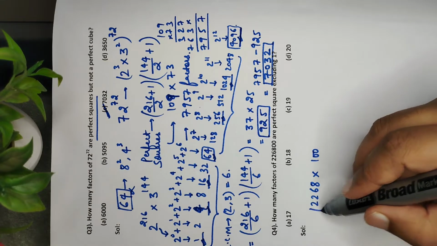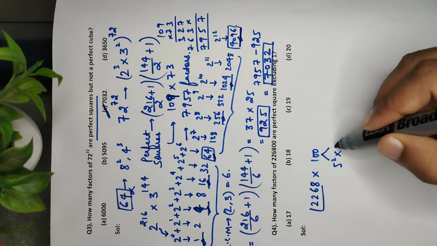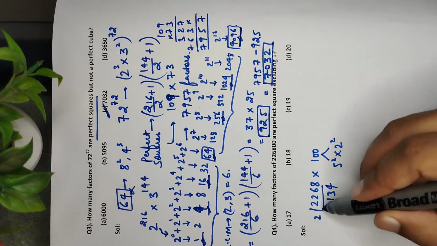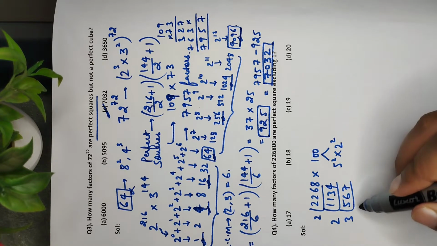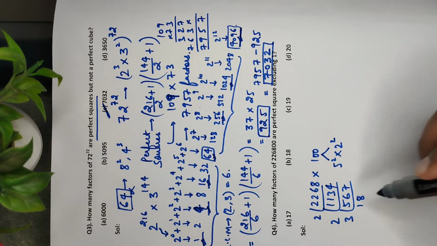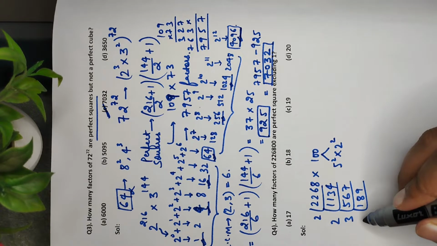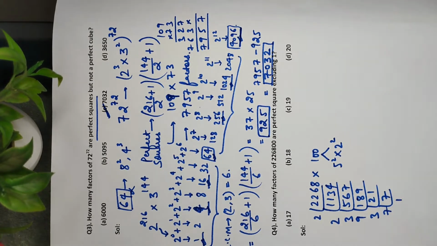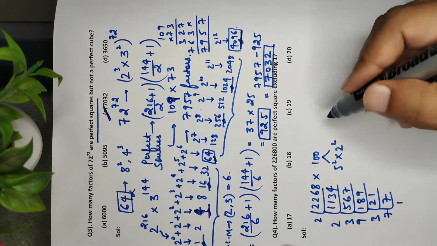Now factorizing only this one, and this we can simply write it as 5 square multiplied by 2 square.